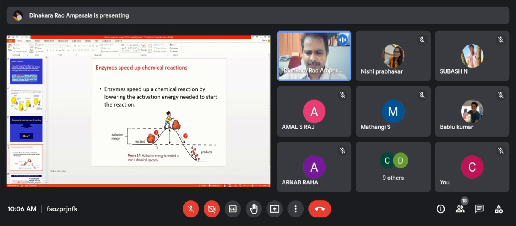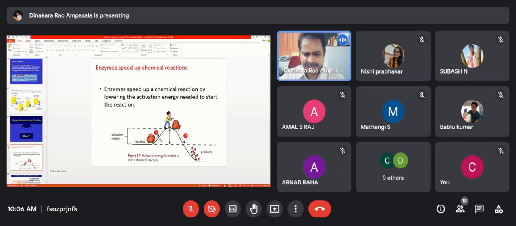So once the molecule gets activated, you are providing some energy for that. Once the activated molecule turns into product, the energy is lost.